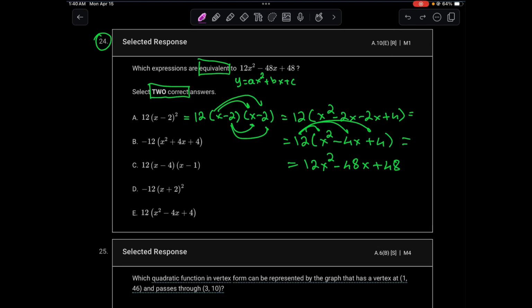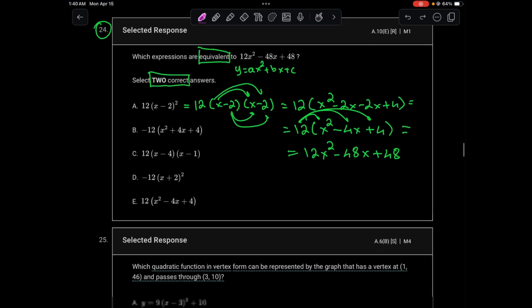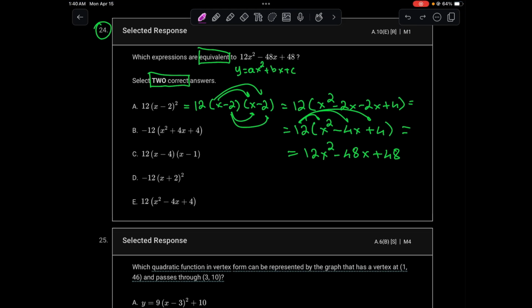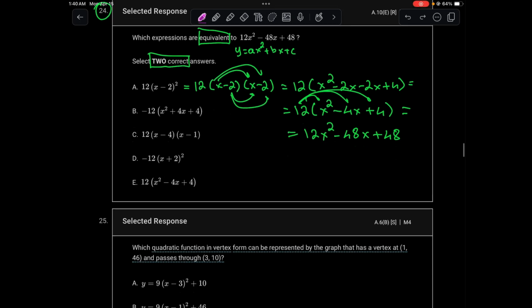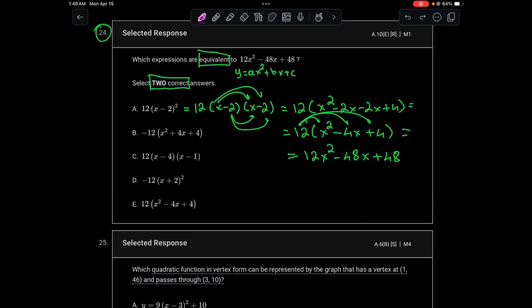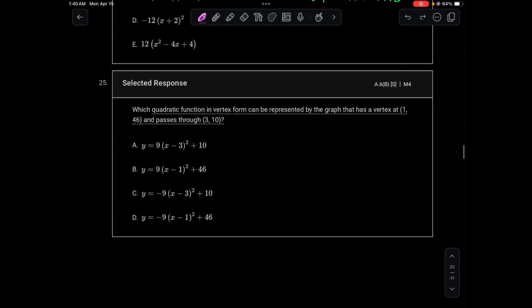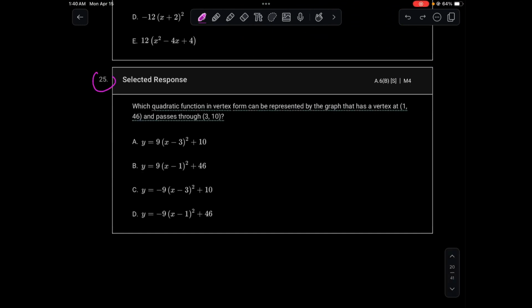That's part of some work we have done earlier, when we do things by hand, and there are videos on that. But here we'll just plug in, put it on the calculator, and whichever have the same graph, those are the equivalent ones.